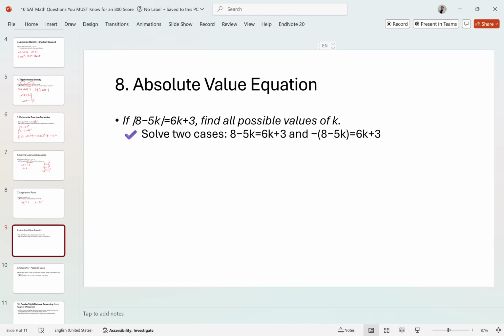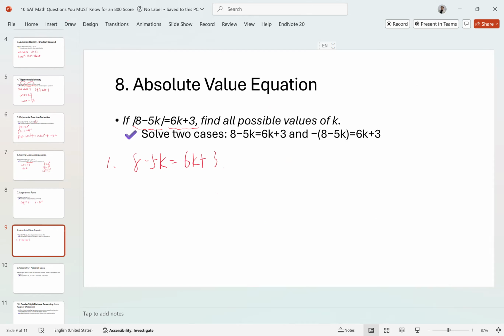So for question 8, we would deal with absolute value equations, such as: if the absolute value of 8 minus 5k equals 6k plus 3, then what's the value of k, right? So we would solve this question for two cases. For the first case, 8 minus 5k equals 6k plus 3, right?